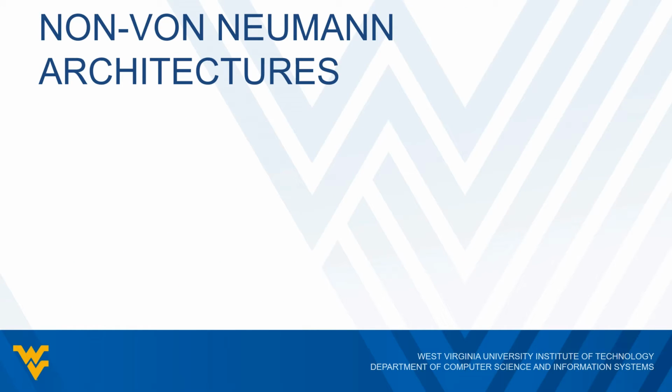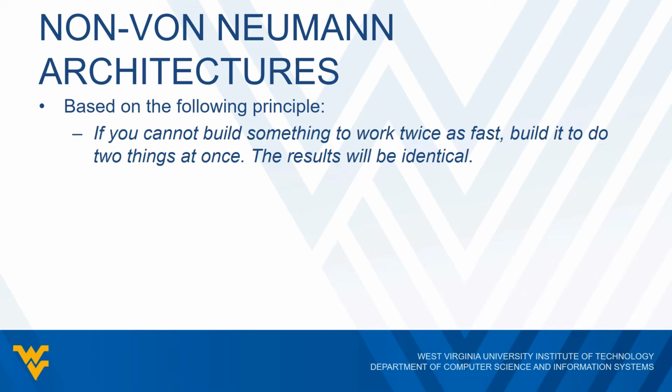One of the most important areas of research in these non-von Neumann architectures is based on the following fairly obvious principle. If you cannot build something to work twice as fast, build it to do two things at once. The results will be identical. So from this comes the principle of parallel processing, or sometimes called parallel programming.